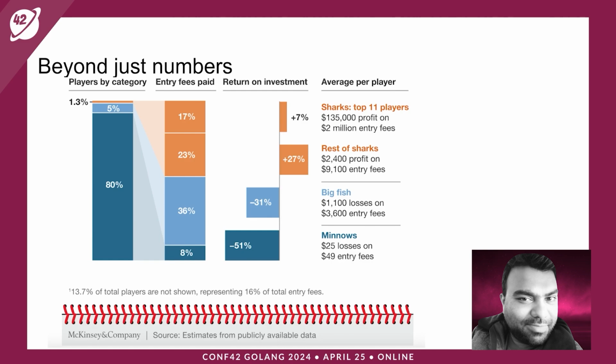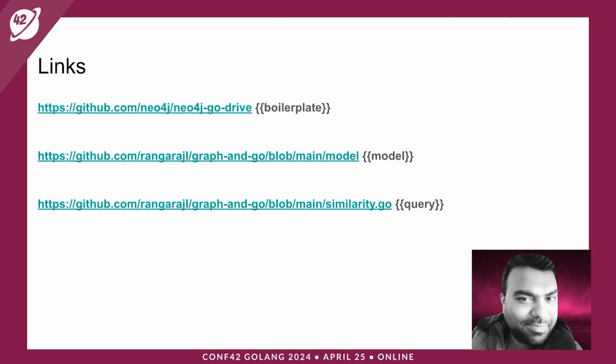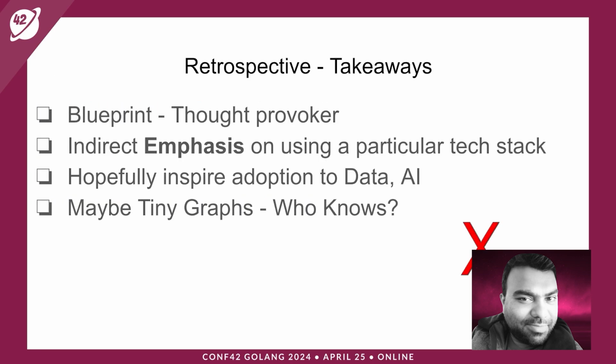So, there are millions and millions of dollars pumped in by high stake companies like ESPN and Disney in the entire betting world. And Golang, with all its awesomeness, can be used in this ecosystem. A few useful links on this regard have been mentioned here in terms of the repository used and the code snippets, which can be used for further analysis.